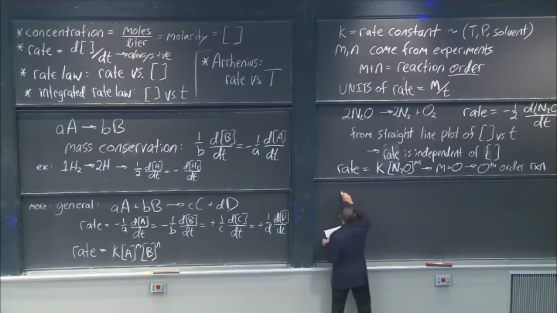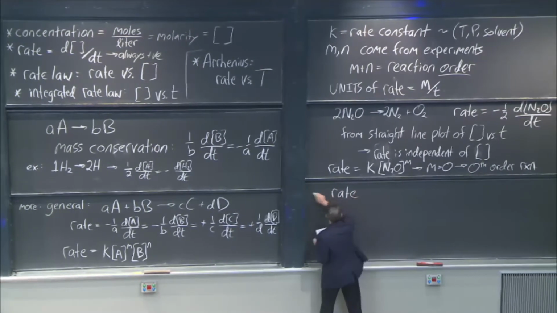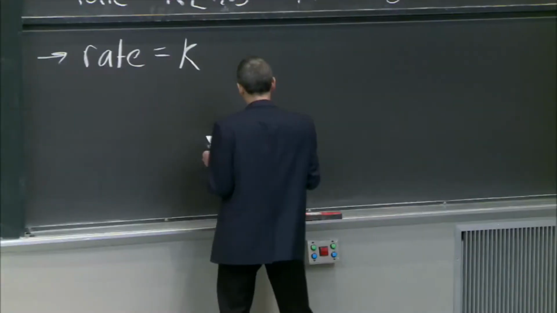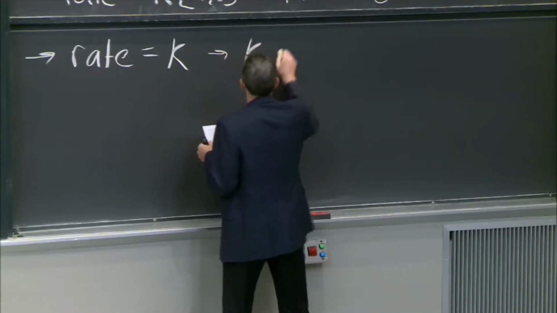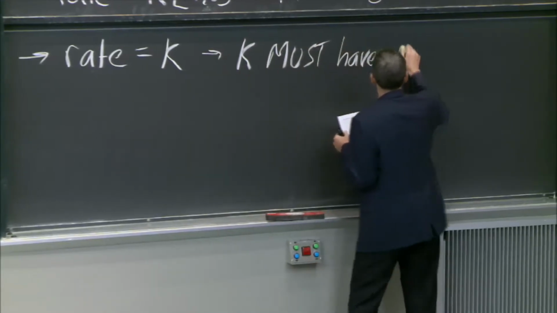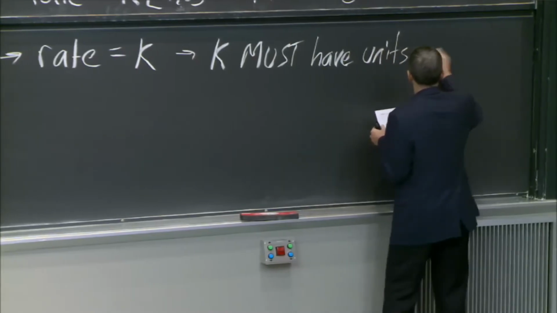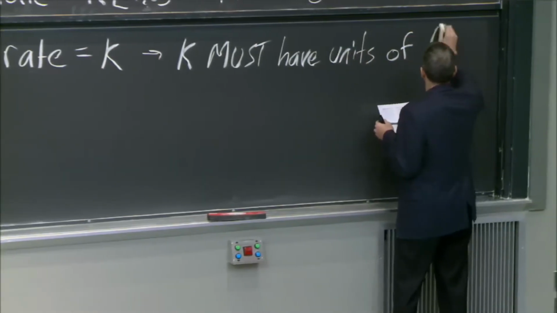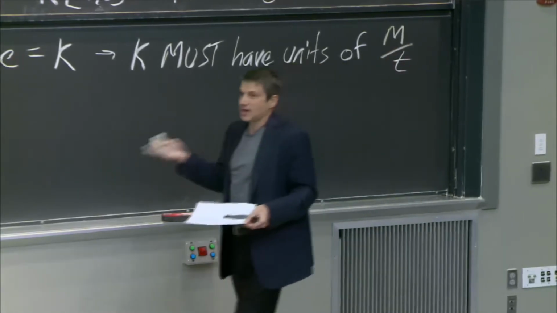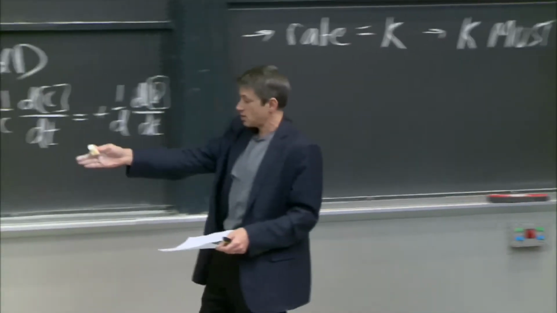So in this case, the rate equals K. And that means that K must have units of molarity over time. Why? Because that's the units of rate. The units of rate don't change.